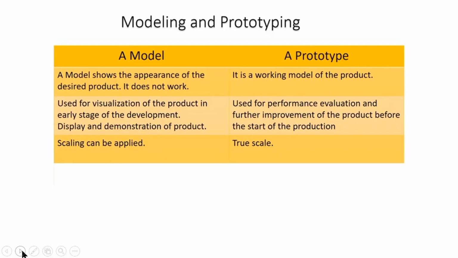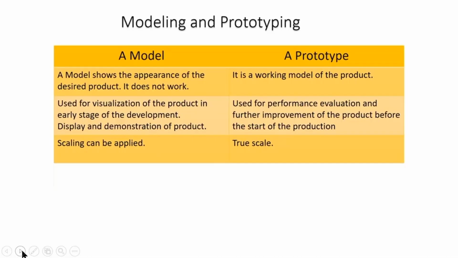The scaling means we can reduce the size of the product. For example, if we are trying to develop an automated guided vehicle, the size of the automated guided vehicle is in meters. However, the final shape of the automated guided vehicle can be visualized by scaling it down.